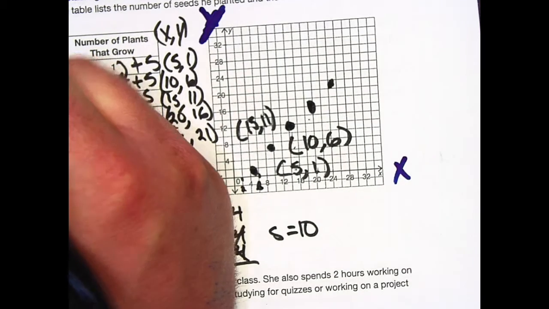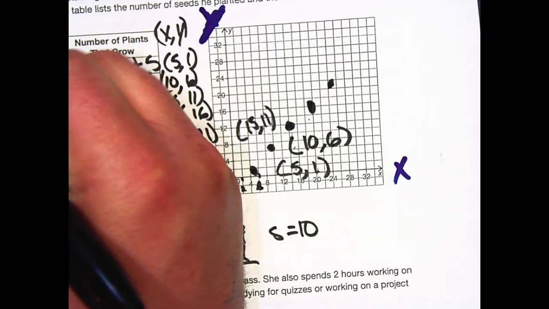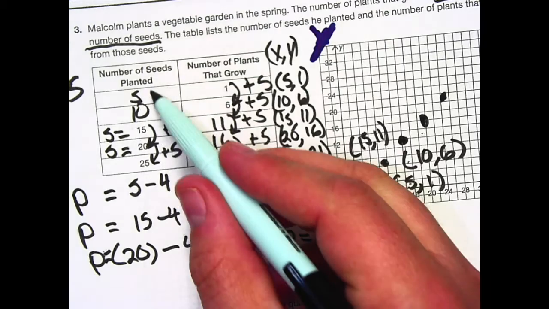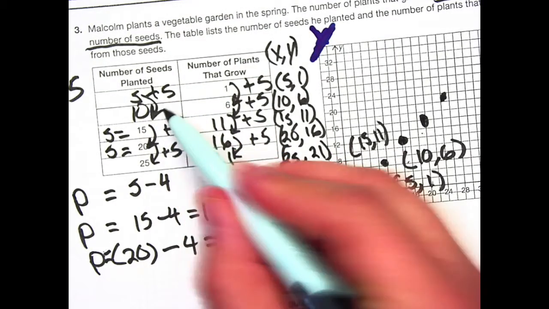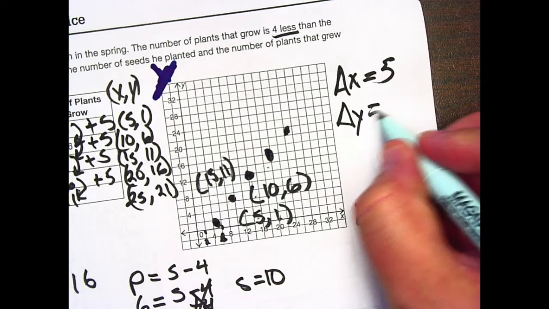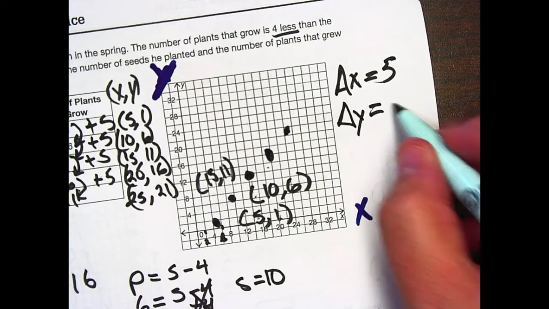So remember, over here, my delta x was equal to a positive 5. In other words, when I looked at my table of values, we just kept adding 5 to get from one value to the next. My delta y was what? The change in y was what? 5.